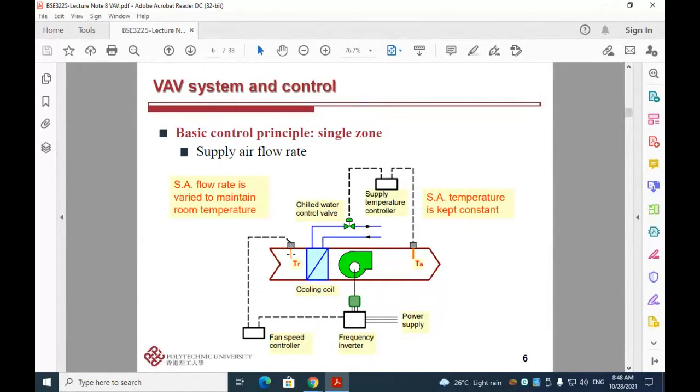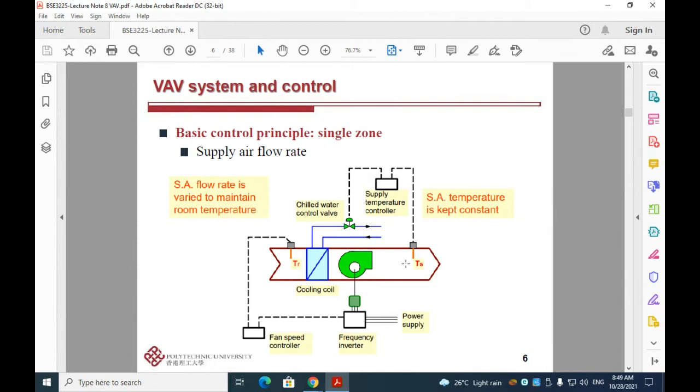For the return air, this sensor is connected to a controller, and the controller is connected to a fan speed controller. The fan speed controller will send a signal to the frequency inverter, where you can change the power supply to the fan. That means the supply air flow rate can be varied to maintain the room temperature.